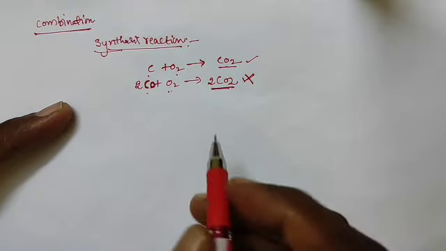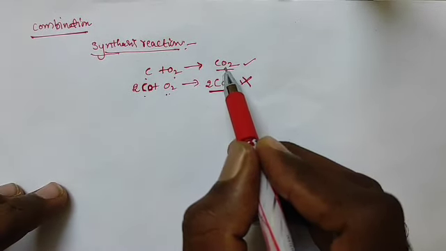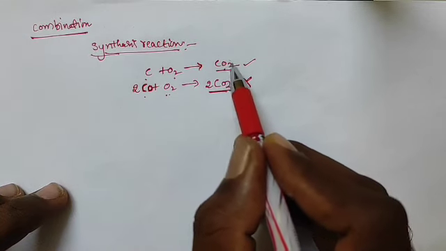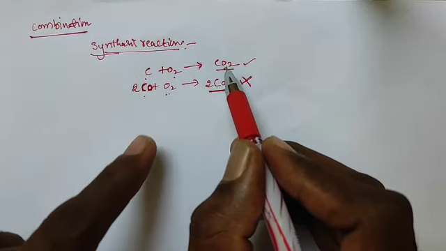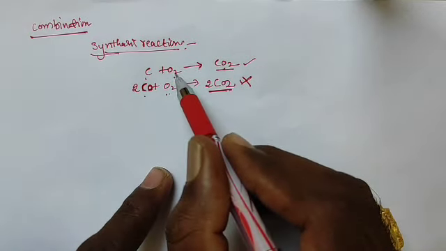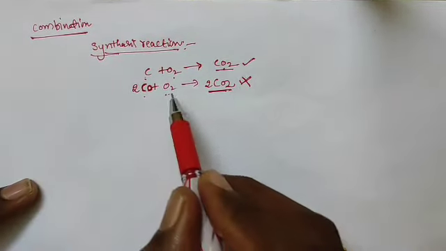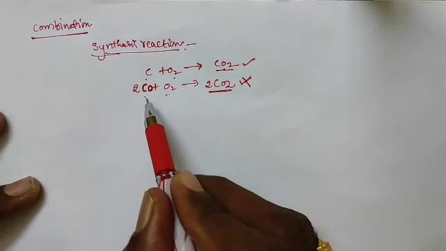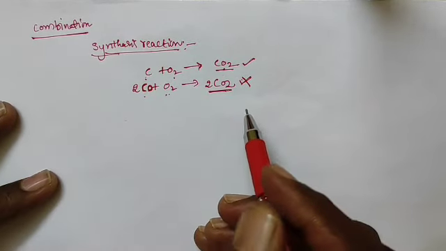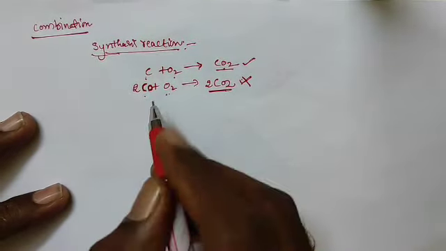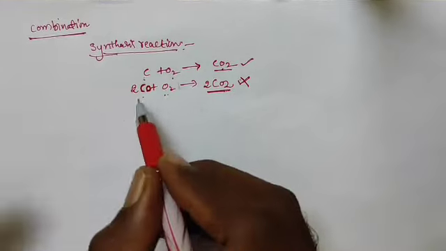Now I think you have clarity. A synthesis reaction means the product is formed from its constituent elements. The constituent elements of carbon dioxide are carbon and oxygen, so that is a synthesis reaction. But here carbon dioxide forms from carbon monoxide and oxygen, so it is not a synthesis reaction. That is the difference. This is also a combination reaction, but not a synthesis reaction.